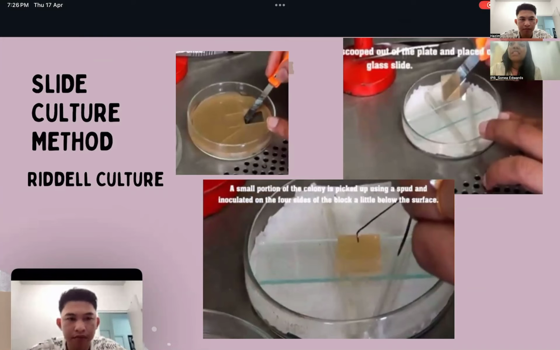So you place the SDA agar, which you already cut, onto the glass slide. And then after that, you take the fungal colony that you want to experiment with, in our case, the equinum. So you take the fungal colony and you press it on each side of the cube, as you can see in the image. So they take a small colony and they puncture a small part of the colony into the SDA agar. So that's what the riddle culture is. And then you incubate it for a few days.